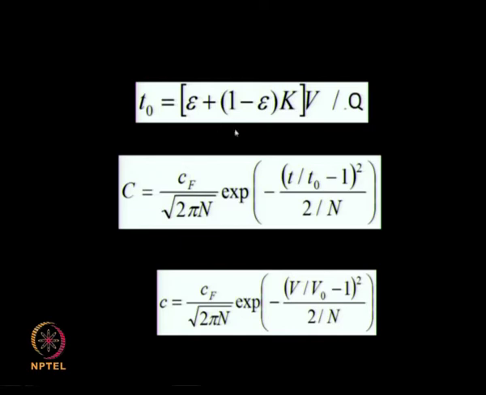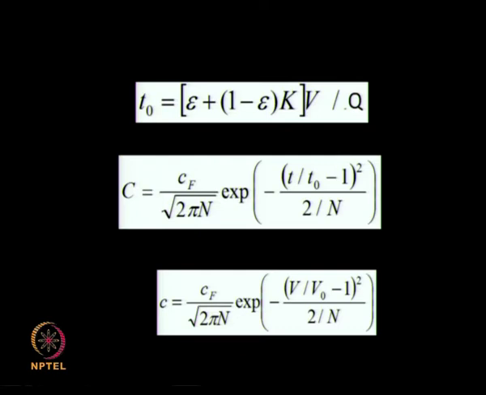If I have a column and I want to know how many theoretical stages there are in the column, all I do is inject a sample, look at the retention time of the peak leaving the column, and look at the spread or the standard deviation, and I can tell the number of theoretical plates in the column.